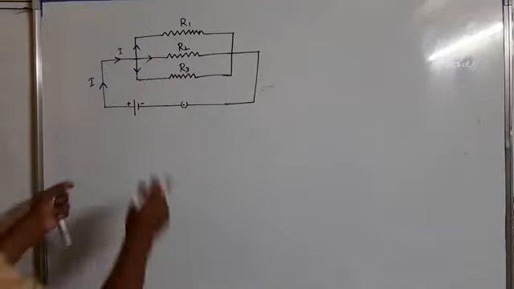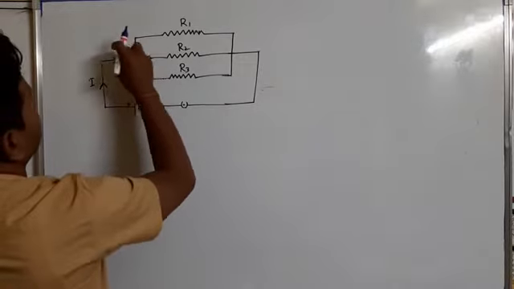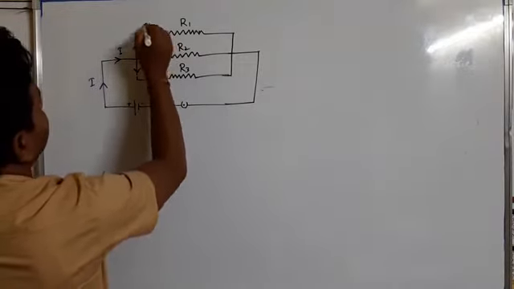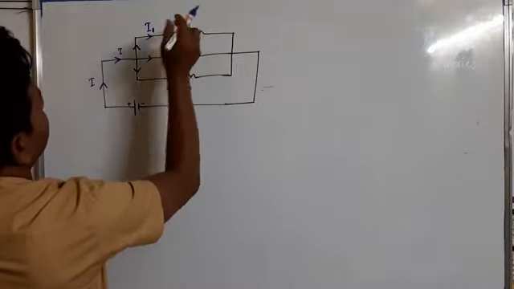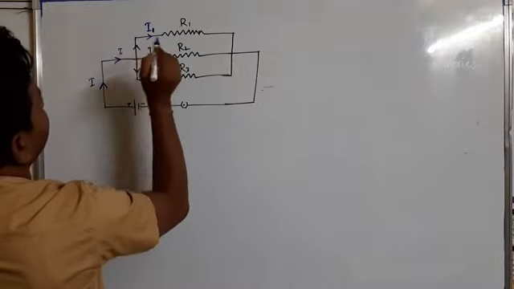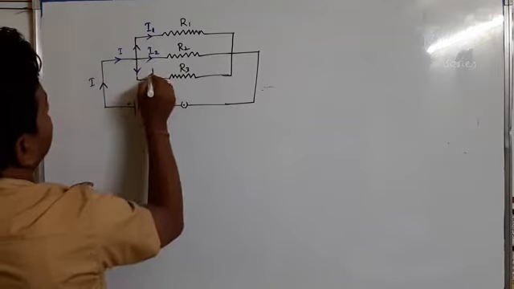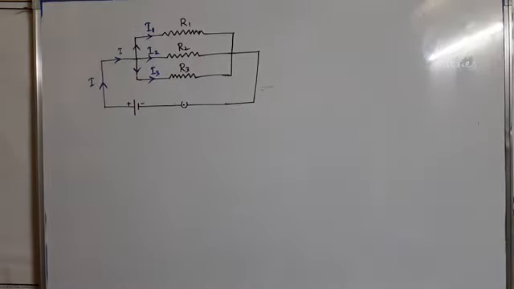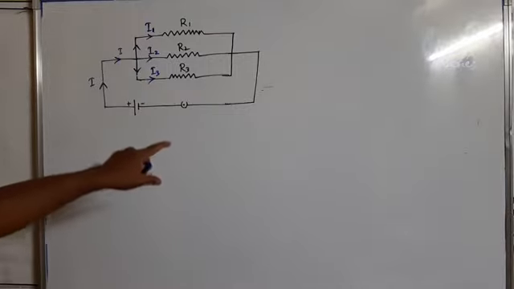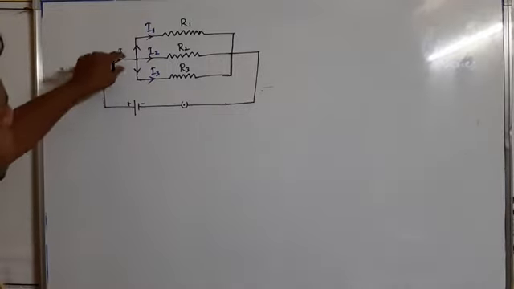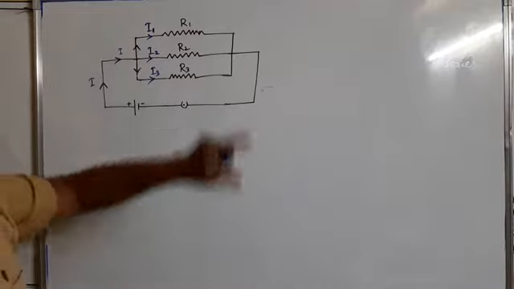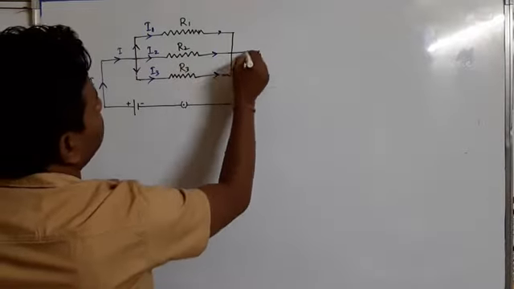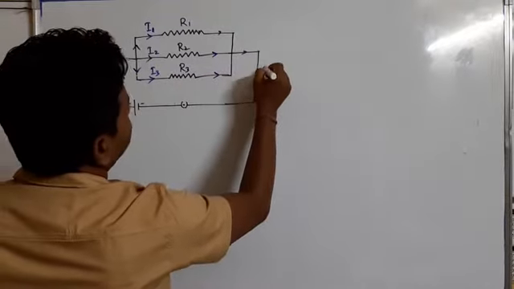So the current will divide here. Let I1 flow through R1, I2 through R2, and I3 through R3. Because the current divides here into three different paths, when they join here again they will become I.